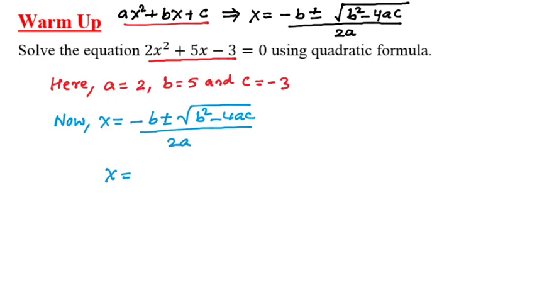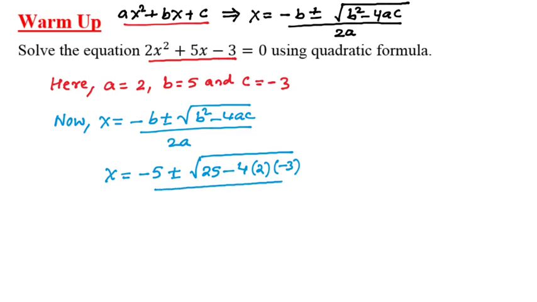So we get x equal to negative b, so it is negative 5 plus or minus the square root of b squared, 25, minus 4, a is 2 and c is negative 3, divided by 2a, 2 times 2 is 4.